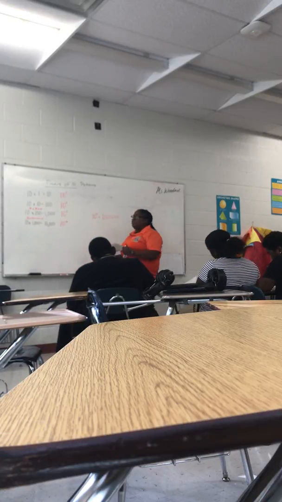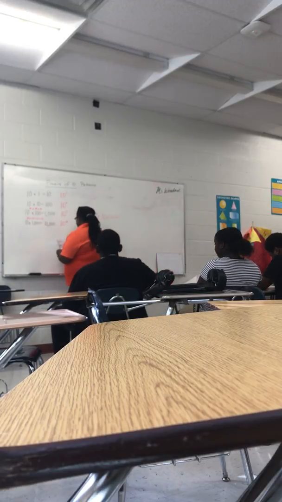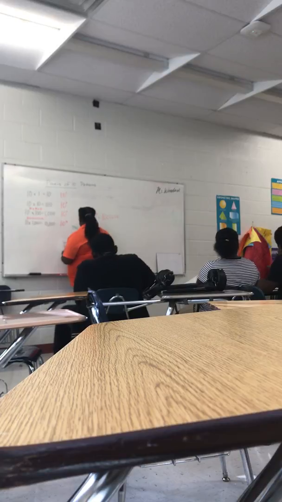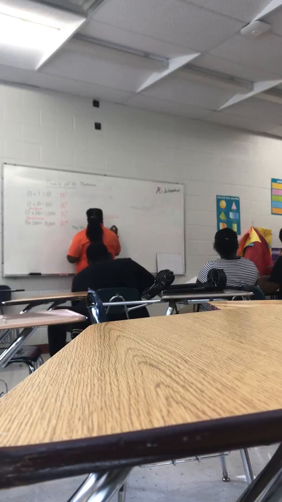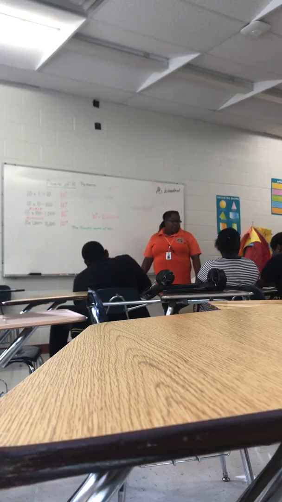So if we had to put this in word form, y'all have already said it. This is 10 to the fourth power, which equals 10 times 10 times 10 times 10, which equals 10,000. So this is the fourth power of 10. That's what you're going to write first. The fourth power of 10.